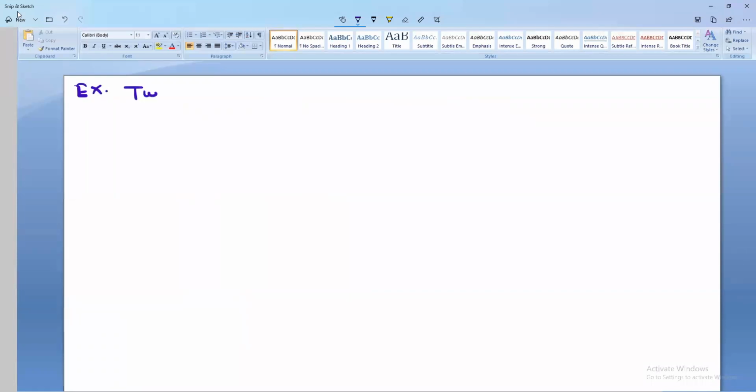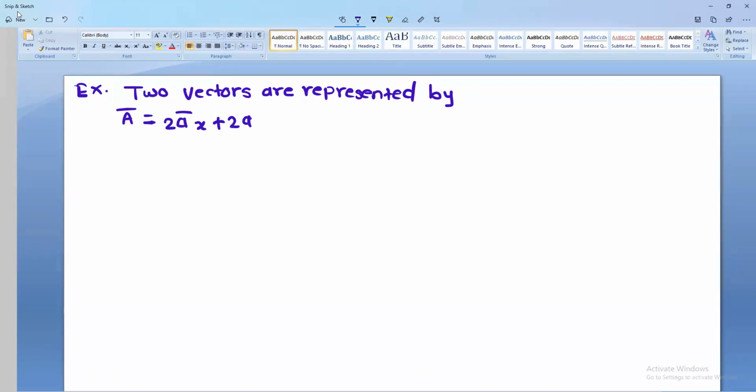Two vectors are represented by a bar equal to 2 a bar x plus 2 a bar y plus 0 a bar z, and b bar equal to 3 a bar x plus 4 a bar y minus 2 a bar z.